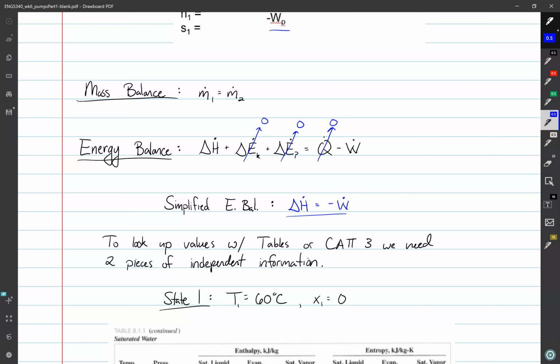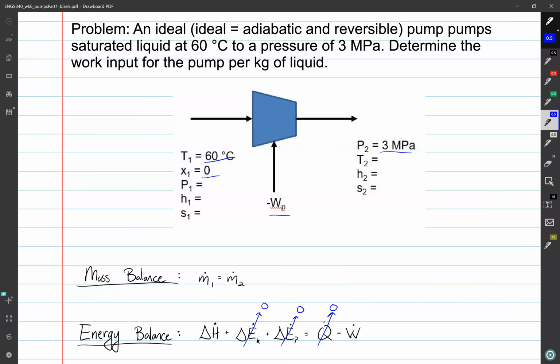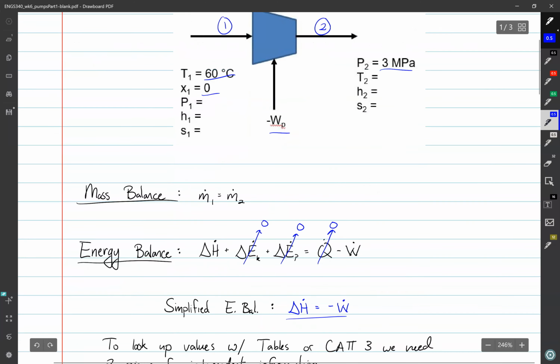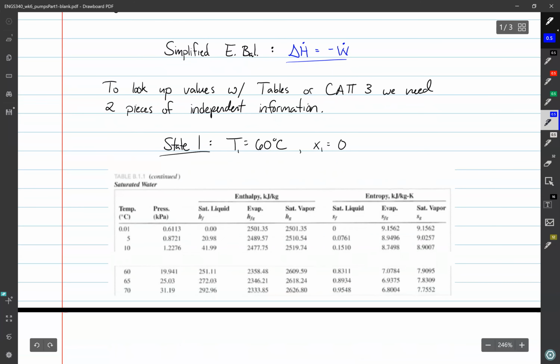Okay, so to look up any values, whether we're looking them up in tables or in Cat3, we need two pieces of independent information. We have two pieces of independent information for the inlet, what we'll call state 1. We only have a single one for state 2. We'll get there in a second. So for state 1, we have a temperature of 60 degrees and a quality of 0. That means we're going to look, starting in table B.1.1, which is saturated.